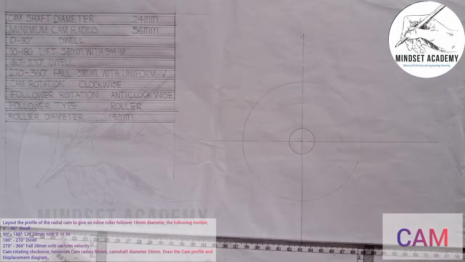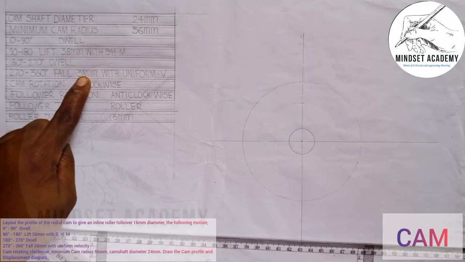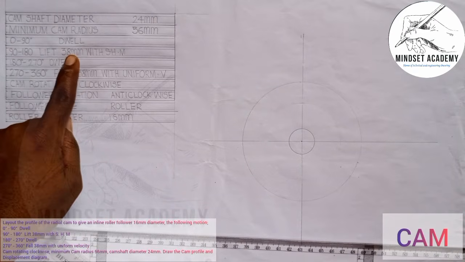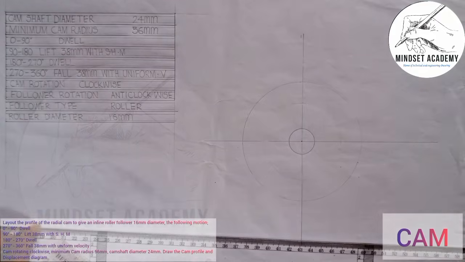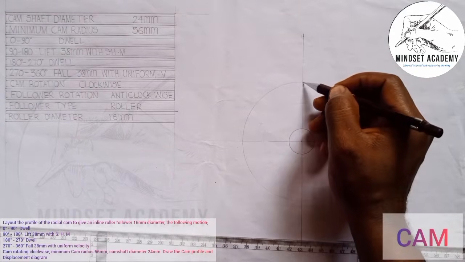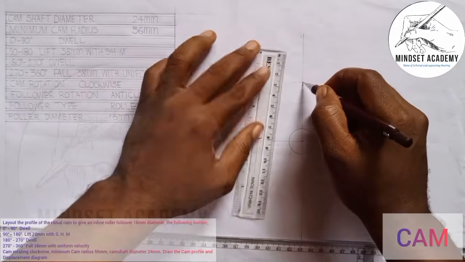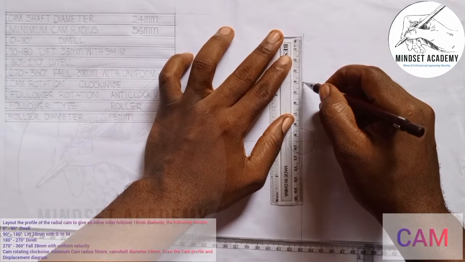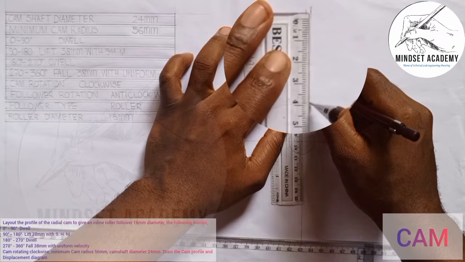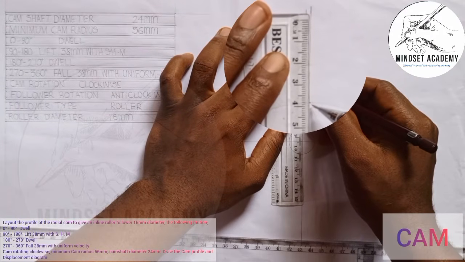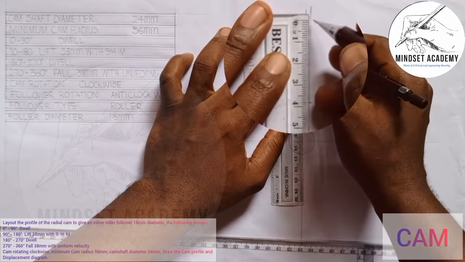Now the next thing should be the lift. The lift is given to be 38 millimeter. So you measure your 38 millimeter from on top of the minimum cam radius here. If I place it this way, this is 38 here, and this is where it ends.